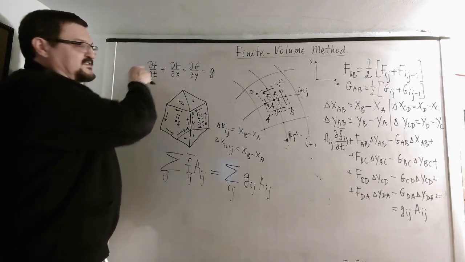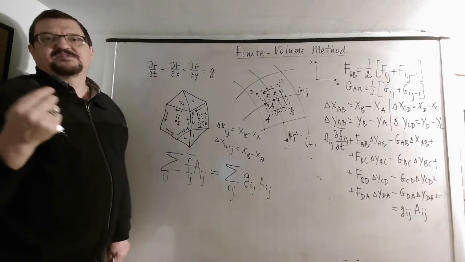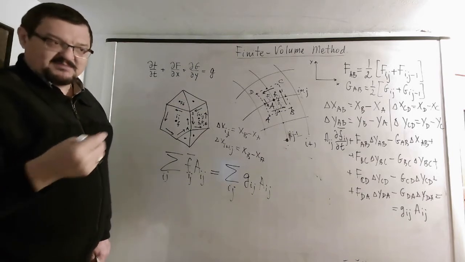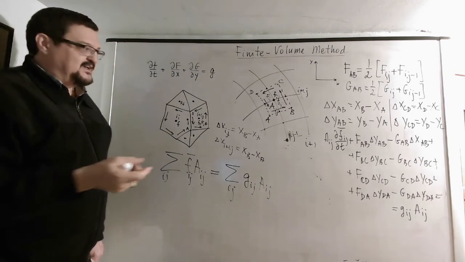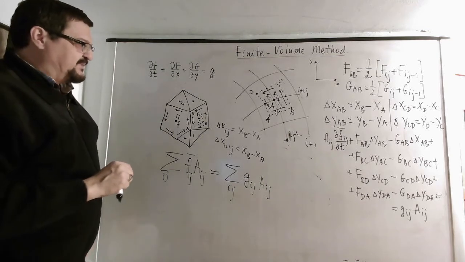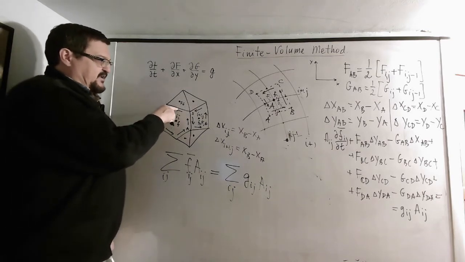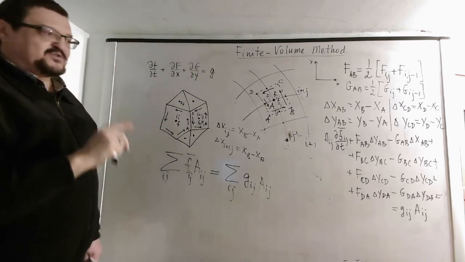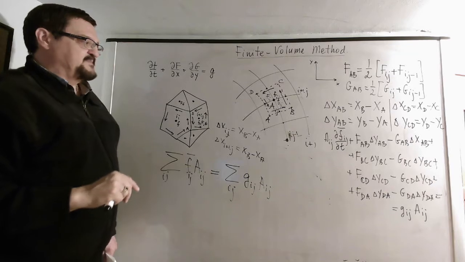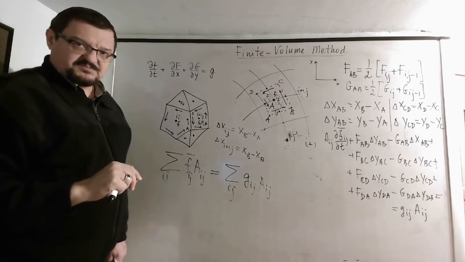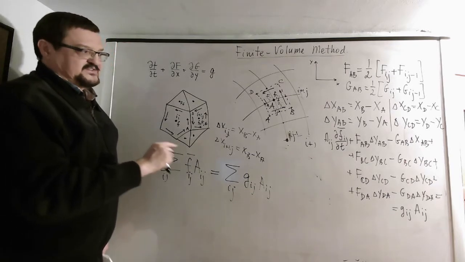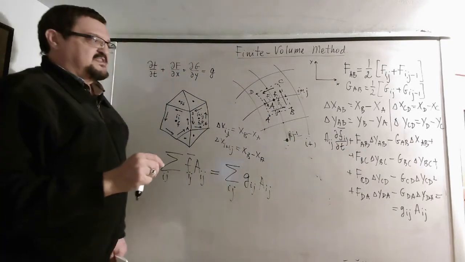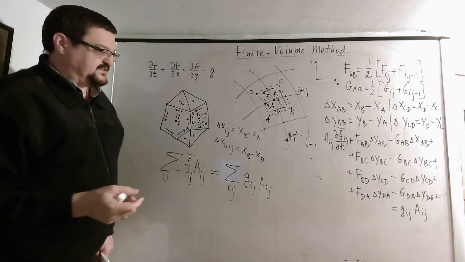But that's concerning conservation of f, or for example, if it's u, for momentum. But how about kinetic energy? Remember variance? Then it's tricky. It's not automatically conserved. It would depend on how you actually parameterize your f's along these boundaries, and that's beyond the scope of this lecture. This is what makes it much trickier to design such a scheme with such f's and g's that your variance is also preserved.